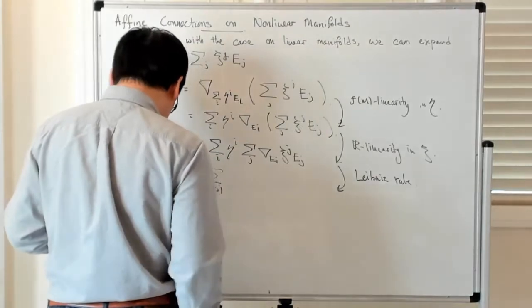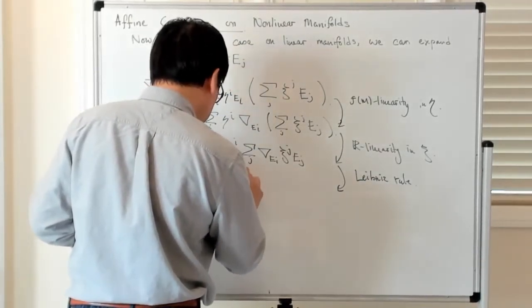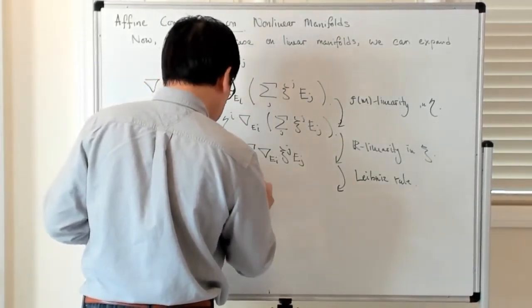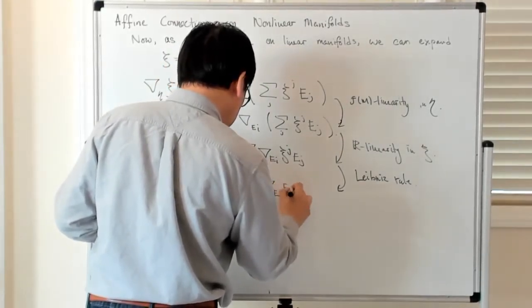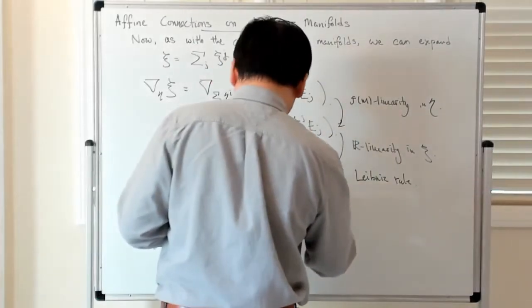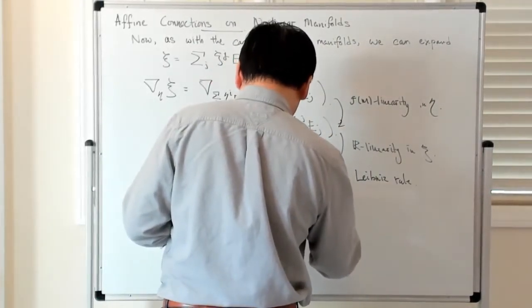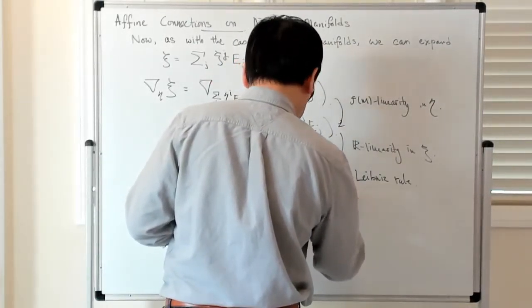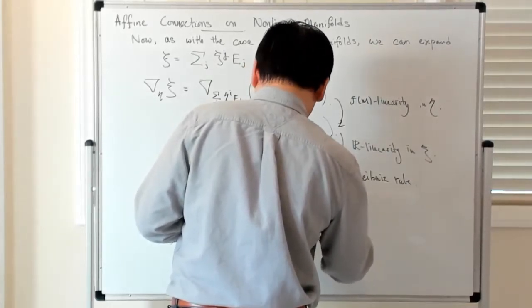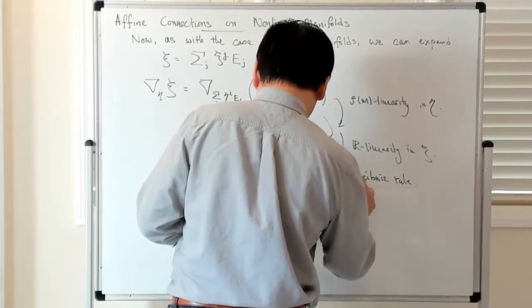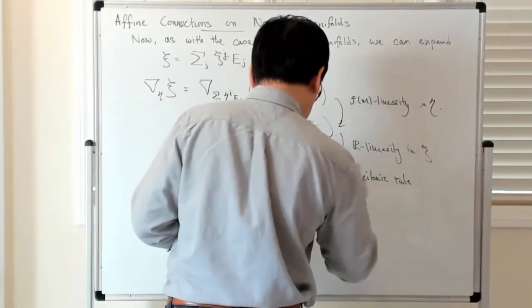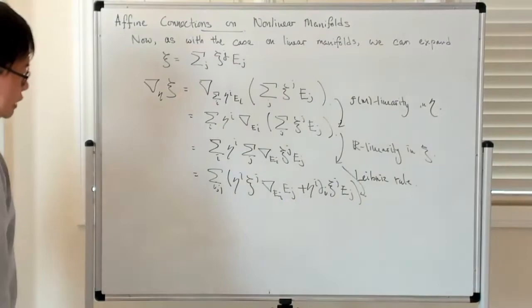Now sum over i, j. So that's basically what's happening, right?